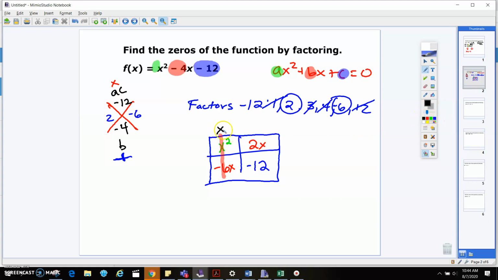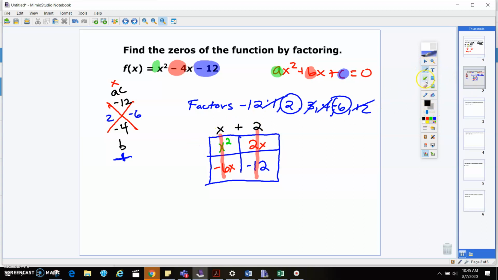So I'm going to put an x on the outside of this box. So what is the greatest common factor of 2x and -12? The greatest common factor is 2. So I'm going to put a 2 right here. Now remember, we pulled out the greatest common factor to be a positive 2. So since it's a positive 2, we're going to put a plus sign in between this x and 2.